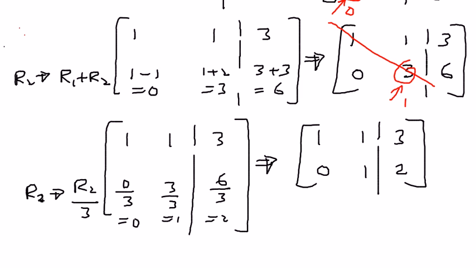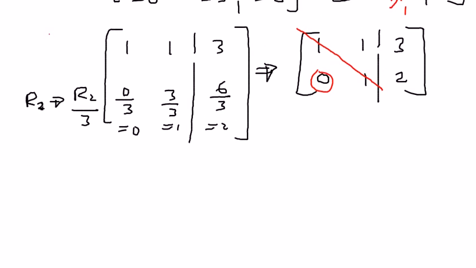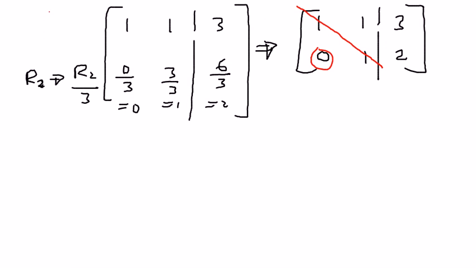As you can see, we have achieved what we wanted. We wanted ones along the major diagonal and zeros below the diagonal, and now we are ready to read the answer from this final augmented matrix. If we want to see it in terms of a system of linear equations, we can write that too.